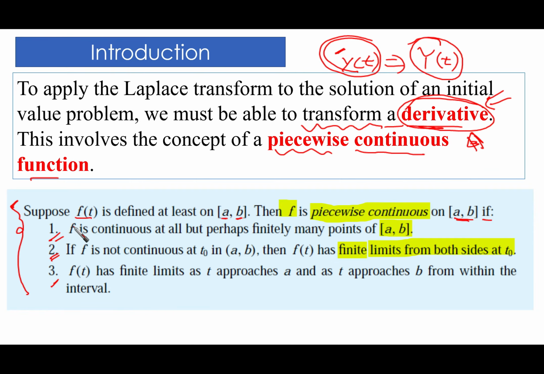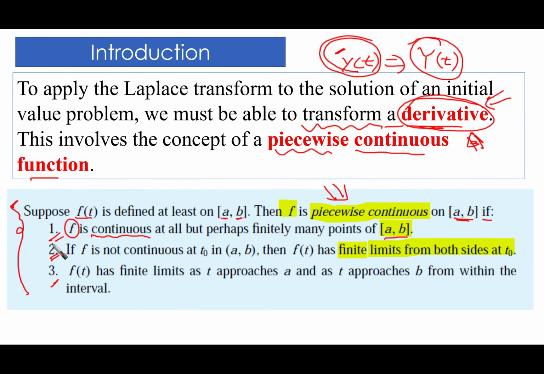Condition number one: if this function f of t is continuous at all but perhaps finitely many points of a to b on this interval, then our function is piecewise.